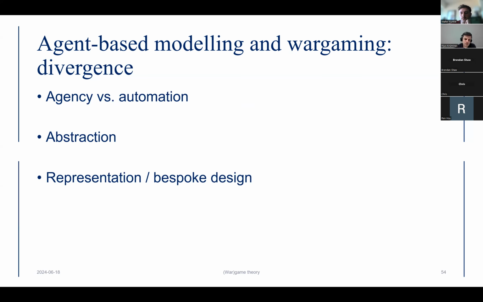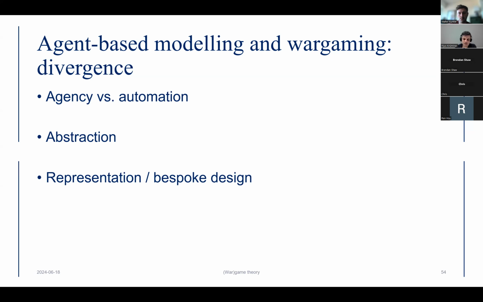However, if we talk about divergence between agent-based modeling and wargaming, one thing is, of course, that you don't have true agency in an agent-based model. You give them the rules and they follow the mathematical description of the rules that you give them. You have more automation than actual agency. The second point is that you still have a high abstraction.